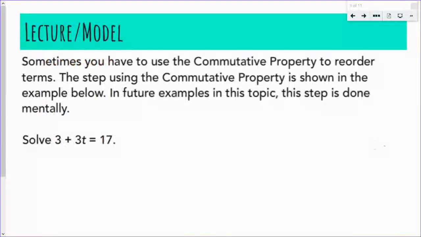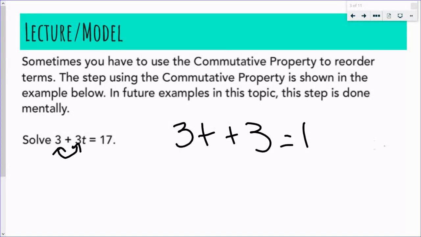Just another thing to bring up, you can use the commutative property to reorder terms, so it looks a little bit easier to solve. For example, this 3 plus 3t, I can use the commutative property and rewrite this as 3t plus 3 equals 17.